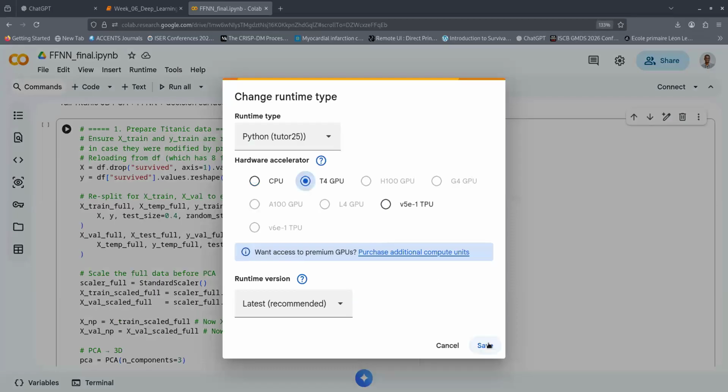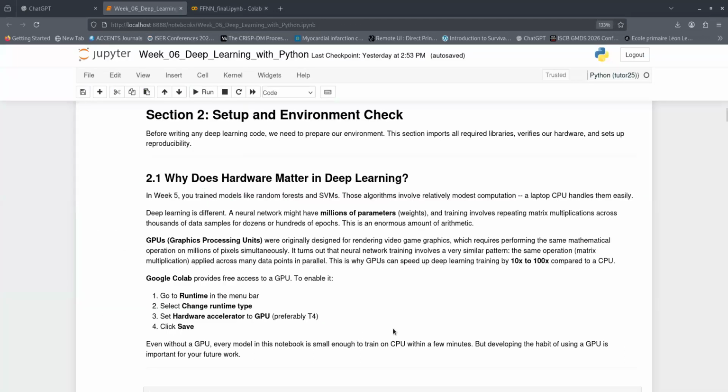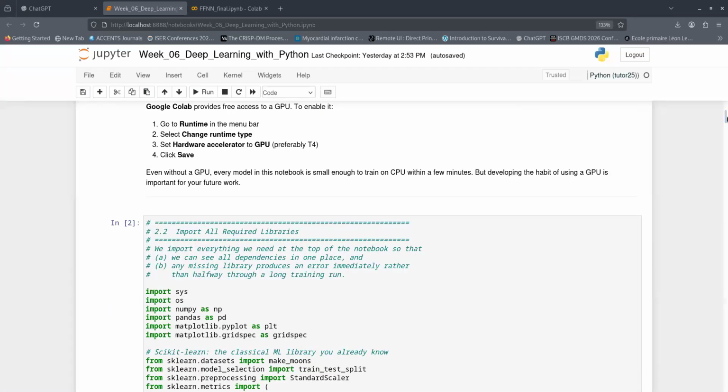This will help you run it directly here. You click on Save and then you have everything with you. So let us start here by importing all required libraries.